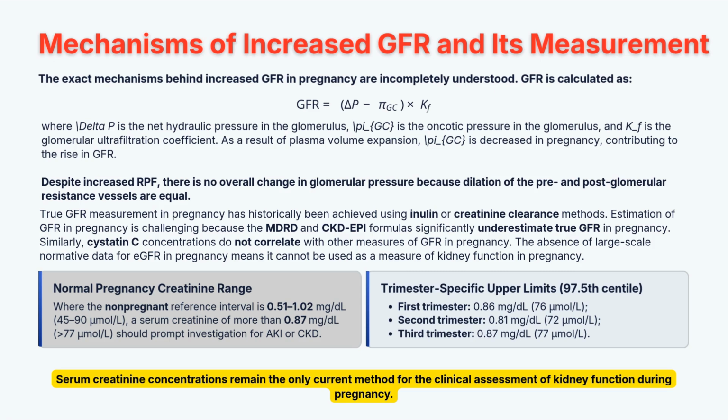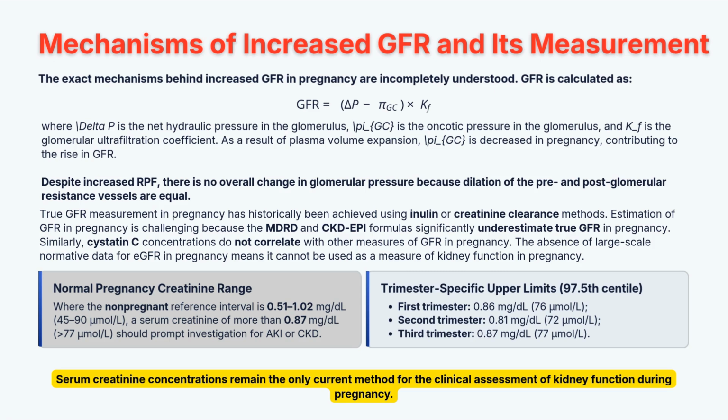Cystatin C is also not very helpful during pregnancy because its levels don't correlate well with actual GFR. For that reason, serum creatinine remains the most practical and clinically useful marker of kidney function during pregnancy follow-up. It's important to remember that normal creatinine values in pregnancy are lower than in non-pregnant adults, as we mentioned before.